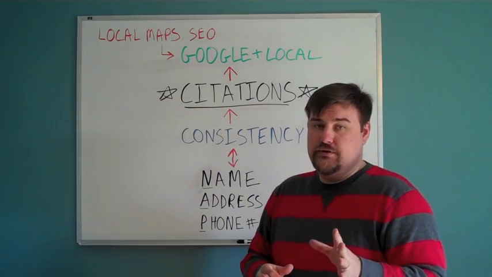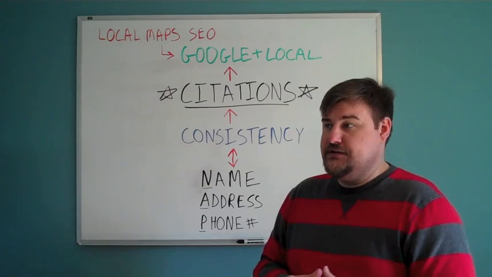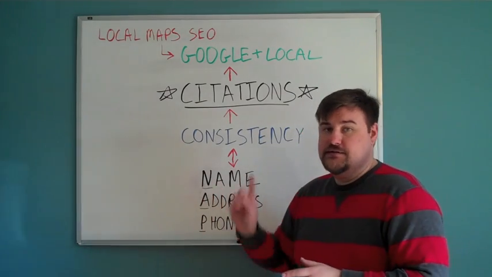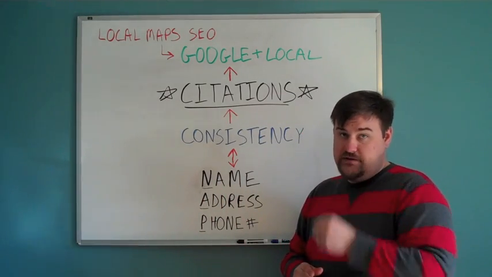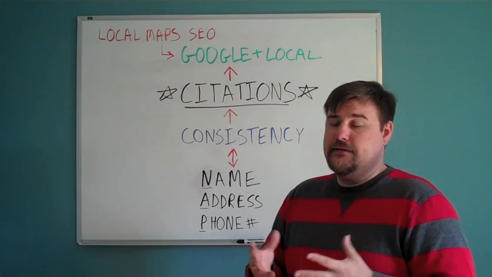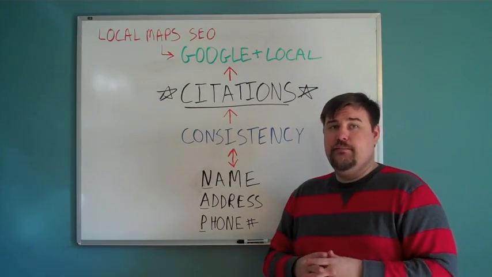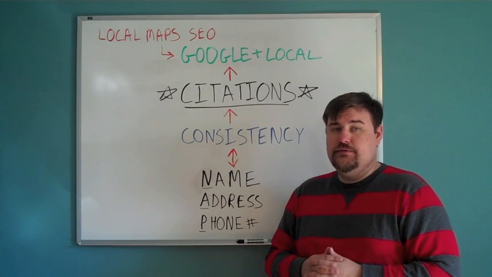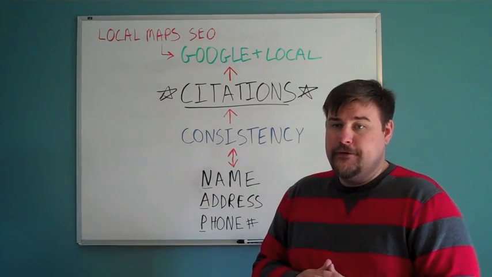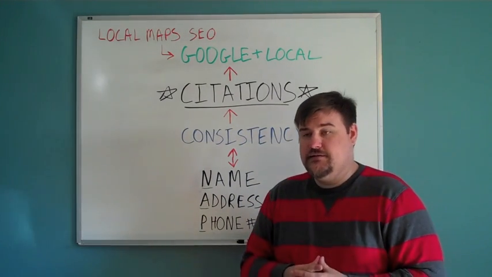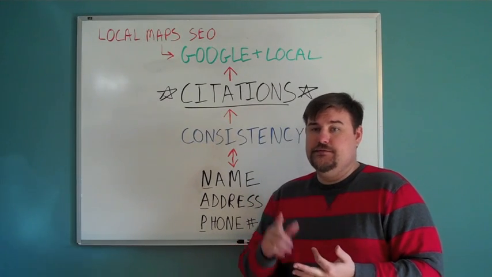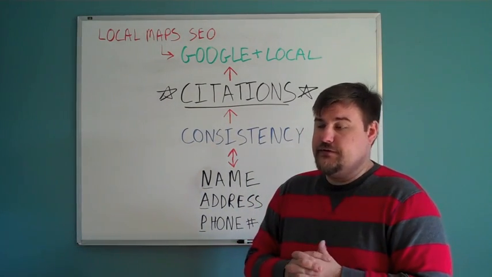But it's important, even as you're building citations, that you have one consistent phone number across the board on all these websites. And again, these websites are all easily accessible, and I'll post a link in the description of this video below to all these websites, Foursquare and Kudzu and City Search and that sort of thing.